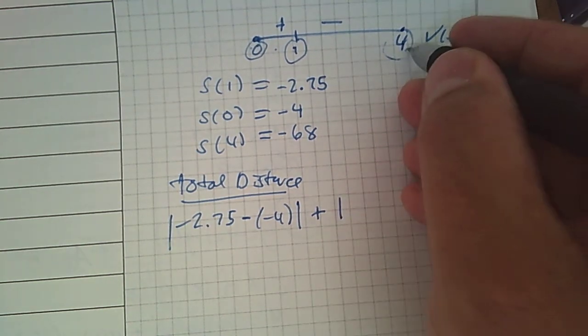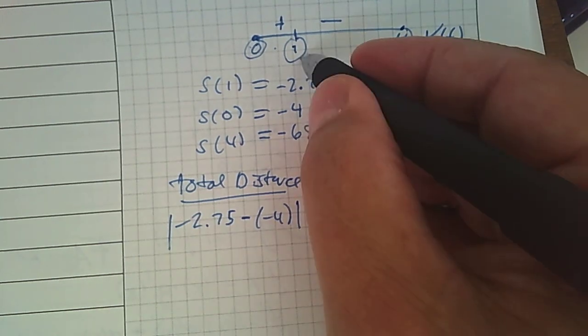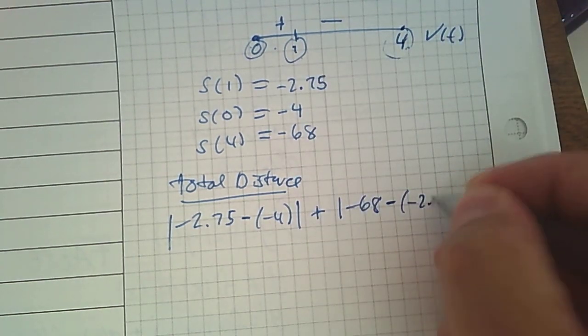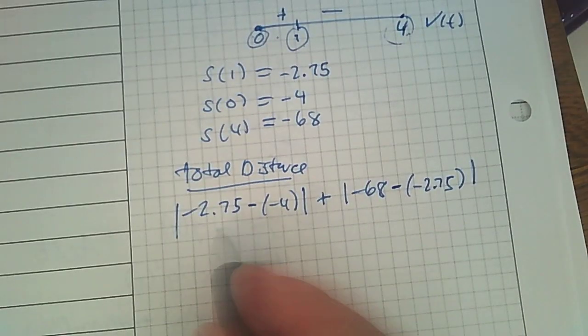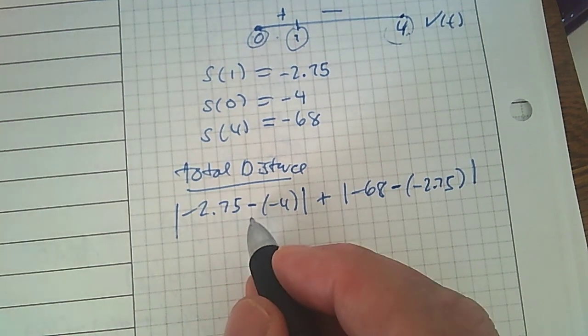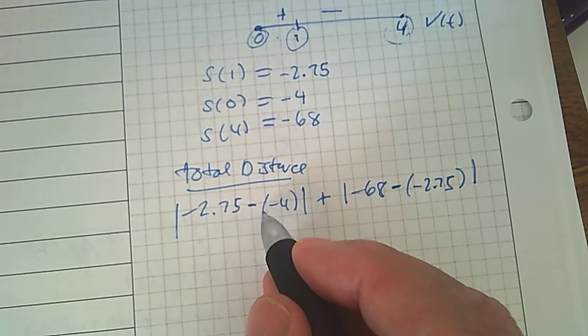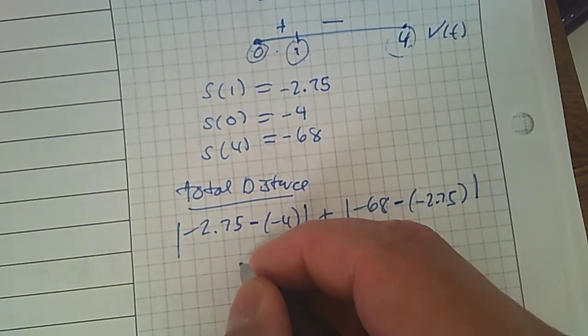So again, the end at 4 is negative 68, subtract 1, which is negative 2.75. We want to put this in our calculator and then write the answer as a positive. The first one actually will be positive, because when you subtract a negative, it's positive. So it's going to be positive 1.25.